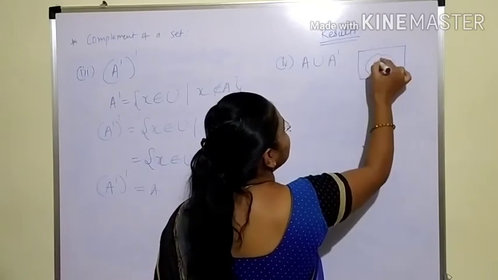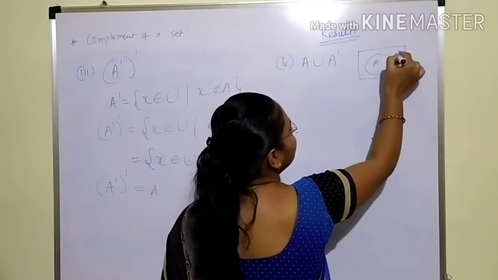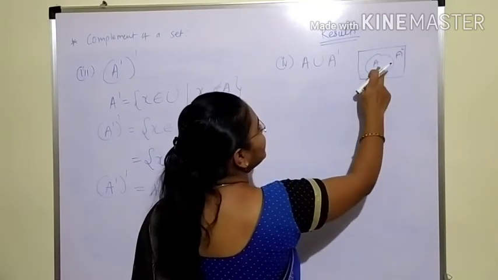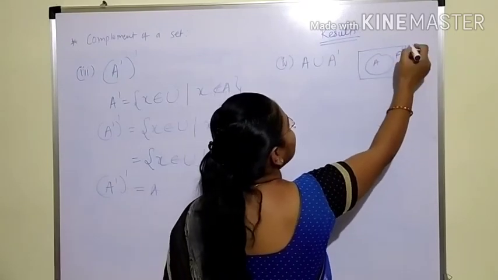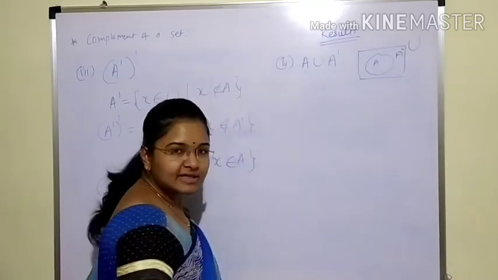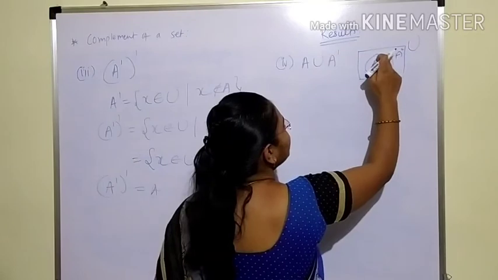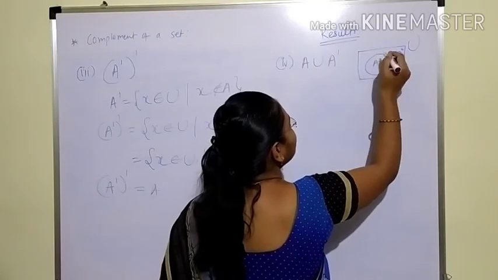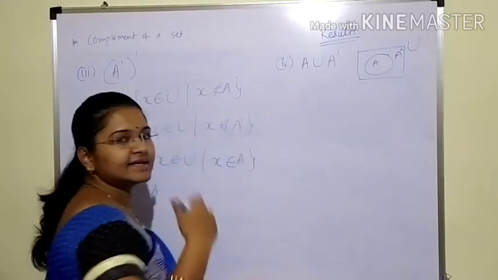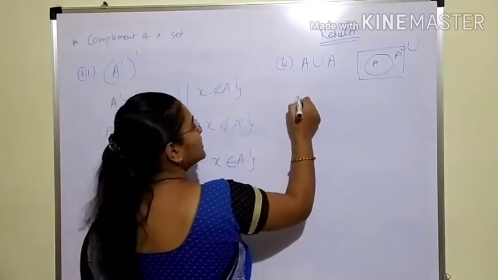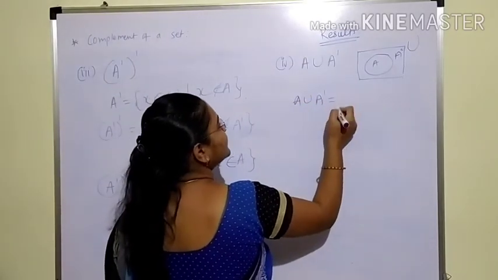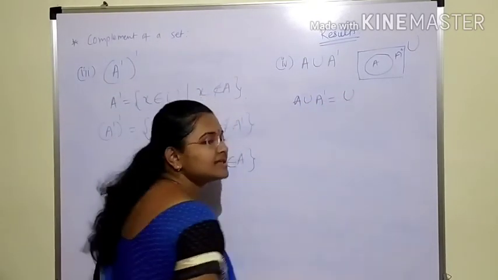This is set A, and the outside part will be the complement. If we take the union of both, it is nothing but the universal set. So A union A complement is nothing but the universal set.